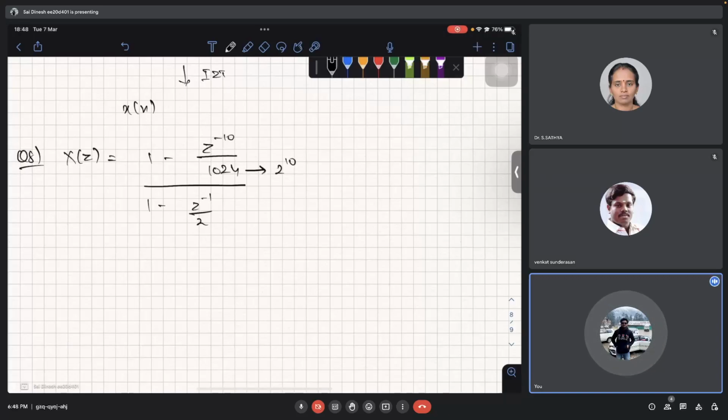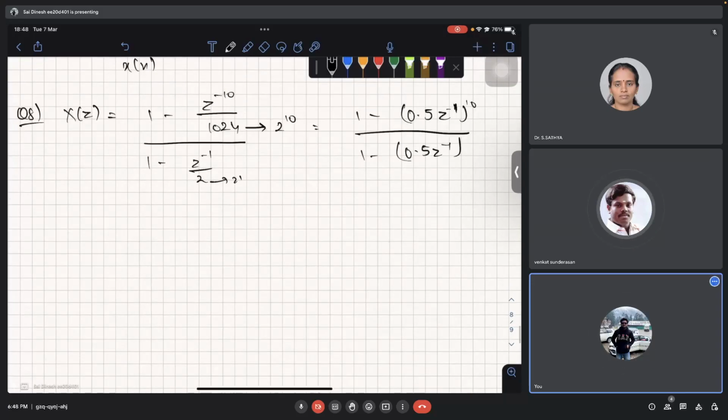It is 2 power 10 actually, and this is 2 power 1. So this is actually equal to 0.5 z inverse power 10 by 1 minus 0.5 z inverse. Can I write it like this? Okay, is this clear? Yeah, sir.